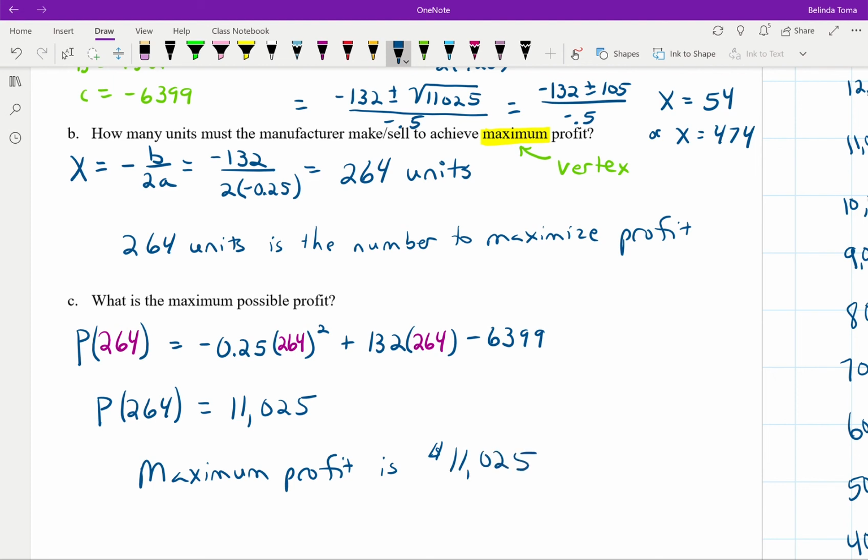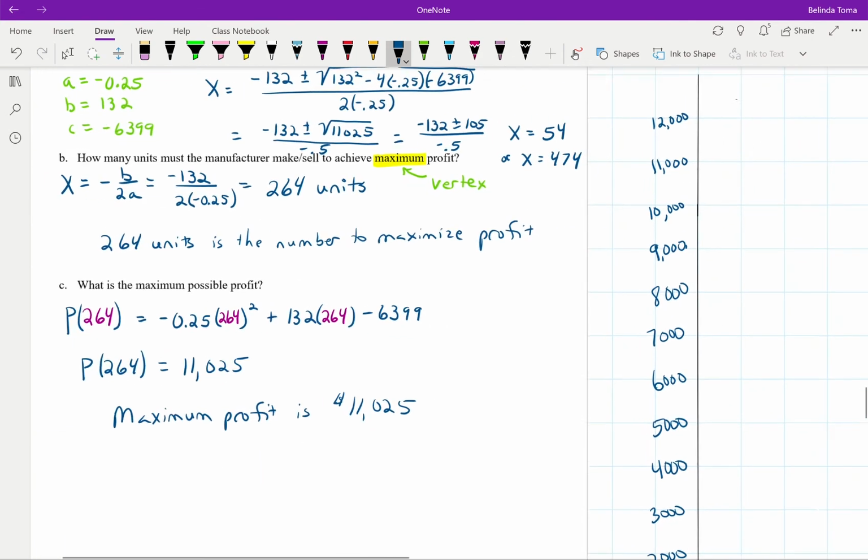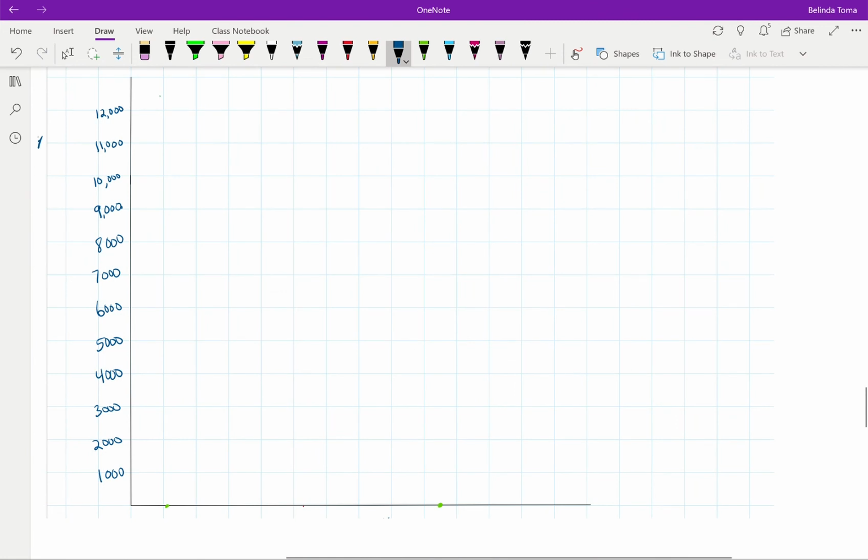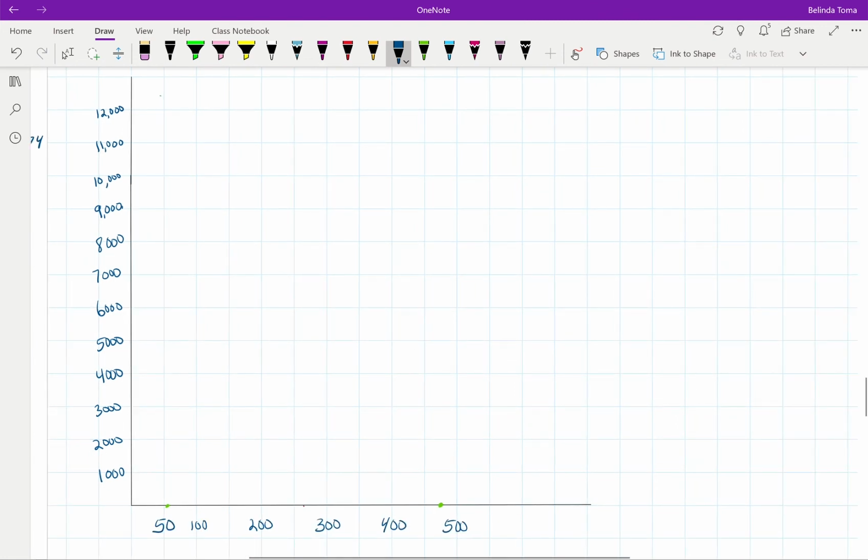All right, so I want to tie part A, B, and C together by showing you what this would all look like on a graph. So let's go ahead and take, again, I went ahead and made a graph so that we could put all of this in a visual form.